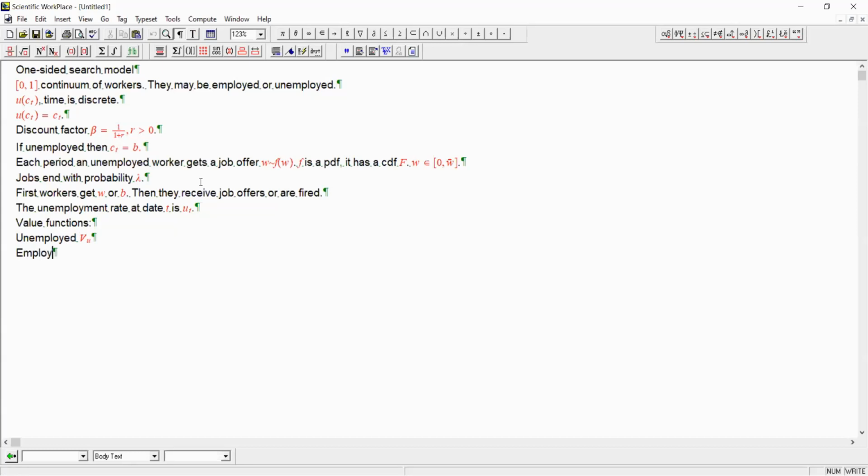If you're employed, then we're going to have V_E for employed. However, your state of being employed will not be your only state variable in this case, because jobs will be distinguished by their wage. Not all of them will be the same. So this will have to be a function of w.